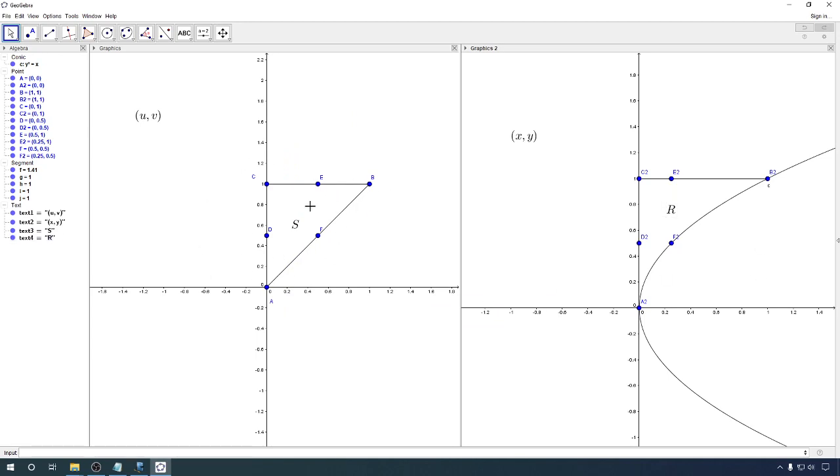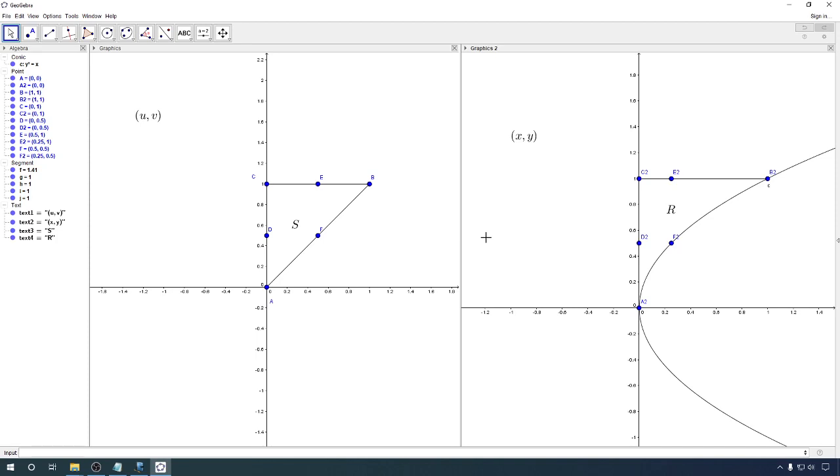But basically, this triangle S turns into this not quite triangle R. It has a curved side on it. So once we actually develop our formula, we'd be able to use the ideas from this transformation to integrate something over this region R by instead integrating over this triangle S, which may be easier, depending on the situation.